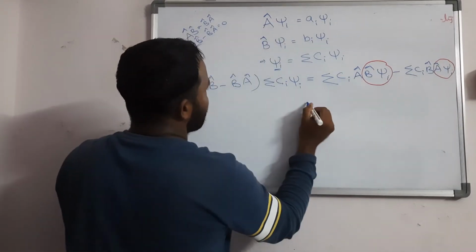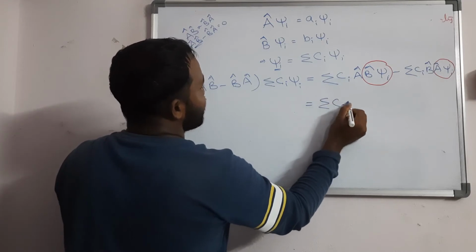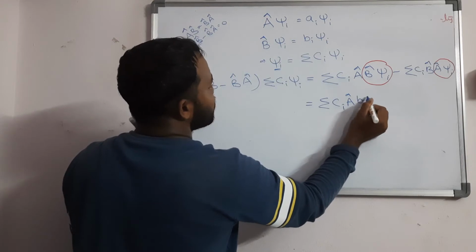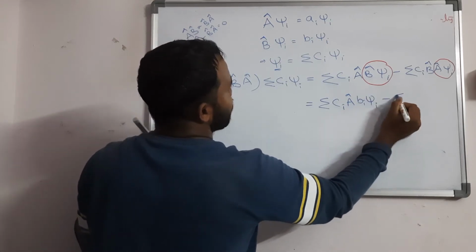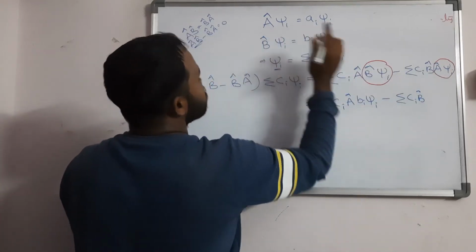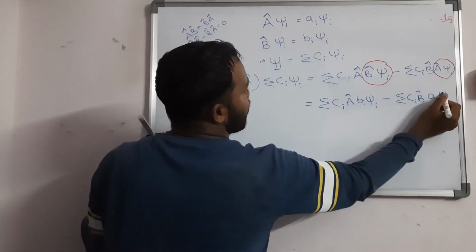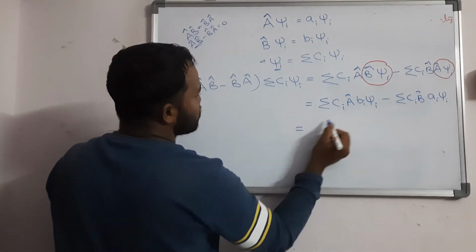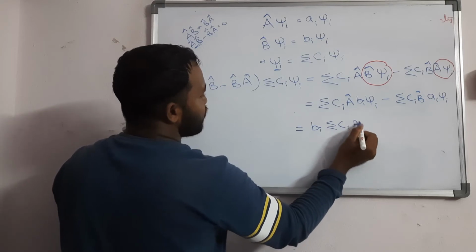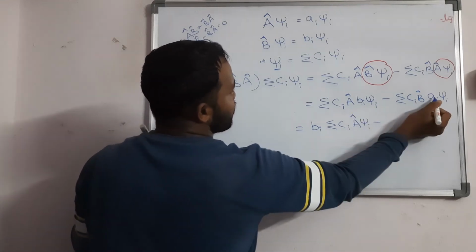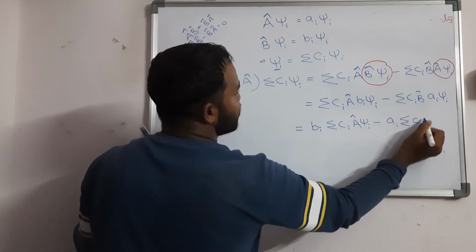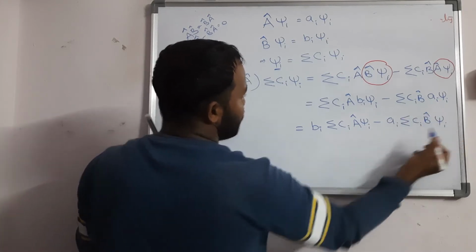Summation ci into A cap into B cap psi I, which is bi psi I, minus summation ci into B cap into A cap psi I, which is ai psi I. Right. So here bi is a constant, you should write it outside. You will get ci into A cap psi I minus, here ai is a constant, you should write it outside, summation ci into B cap into psi I.